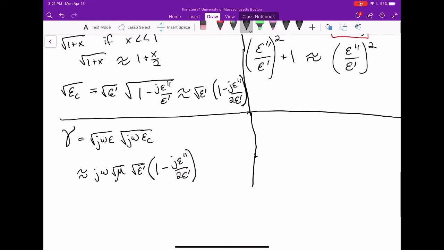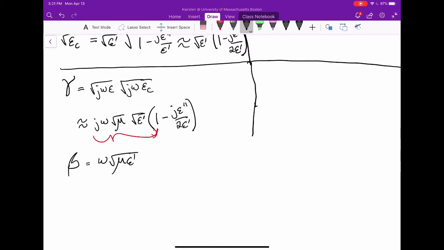So now we have beta, which is this first part that gets multiplied by the 1. So that works out to be j, well, the j doesn't come out because beta is inherently the imaginary part, so it's omega square root of mu epsilon prime.